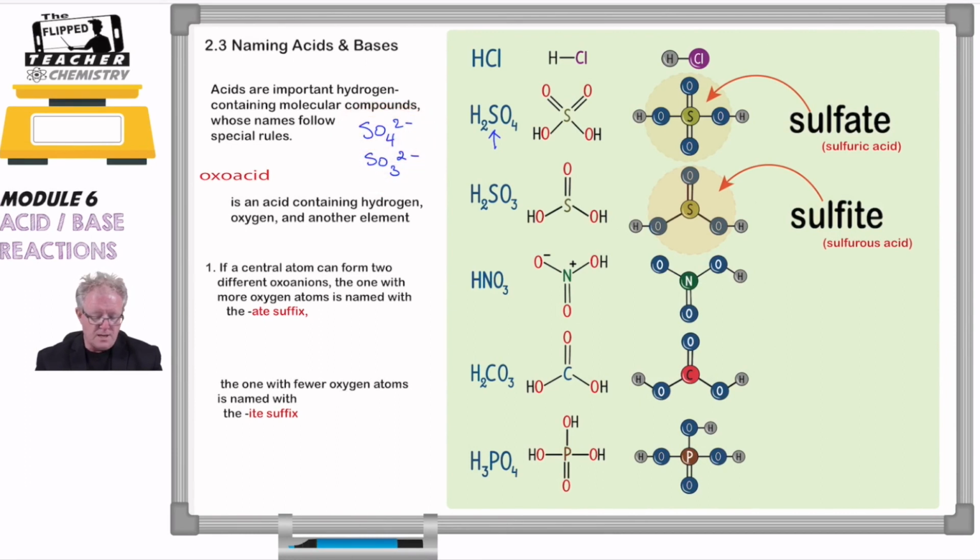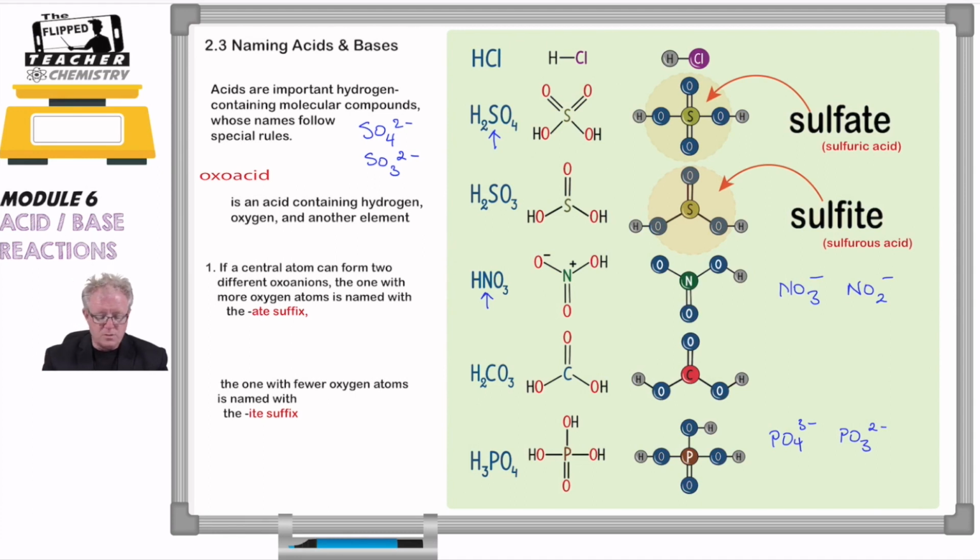We can also have the same happening with nitrogen. We can see here we've got nitrogen. I've only got the nitrate example here, but you can have nitrate, which is NO3-, but you can have nitrite as well. Then you can have the same with phosphate and phosphite.